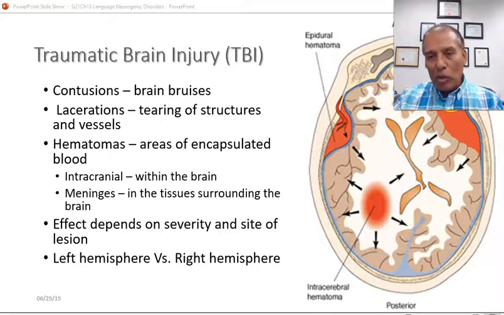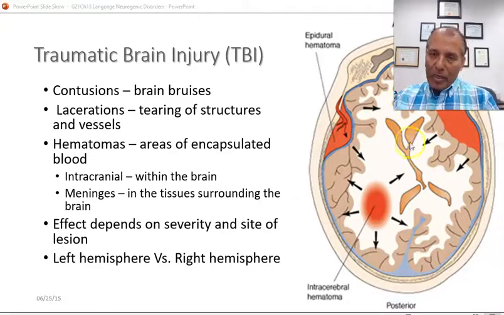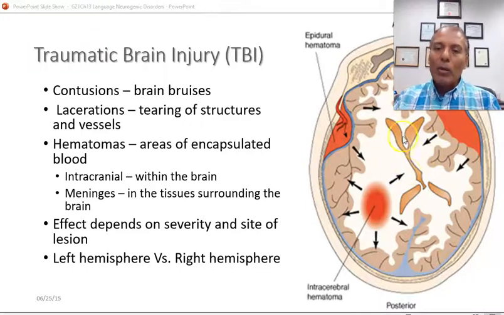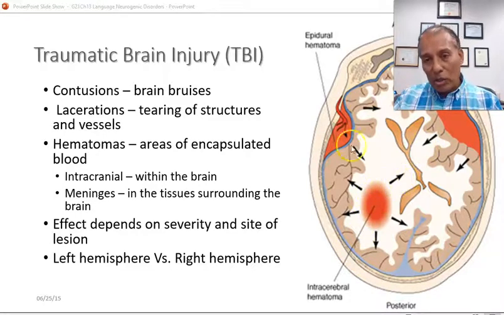It keeps pushing, and as the blood pools, it keeps pushing away all these soft tissues of the brain. And you see how that is curving the whole area here, and it is causing the entire brain to be changed, because the pressure is going to radiate to different, deeper areas below and to the different sides. Here, if there's a hematoma here, for example, the pressure will be radiating in different areas.